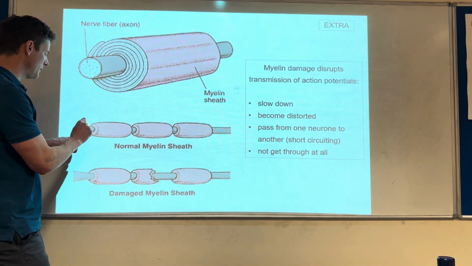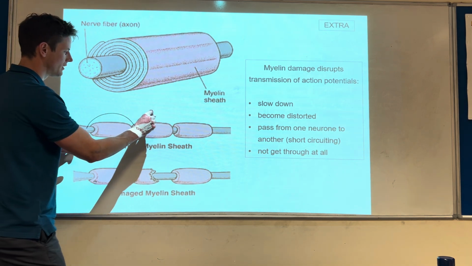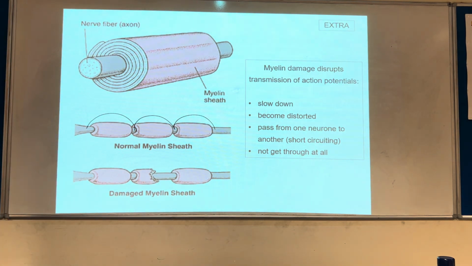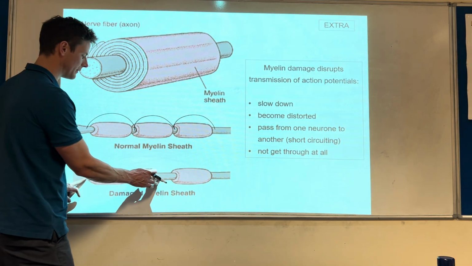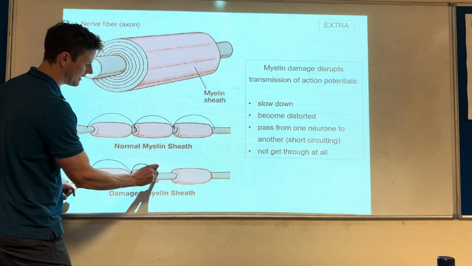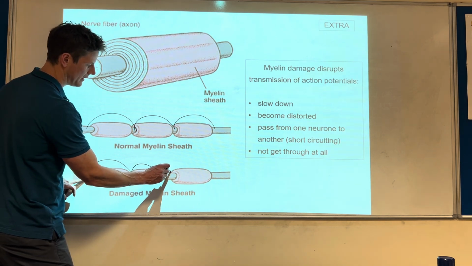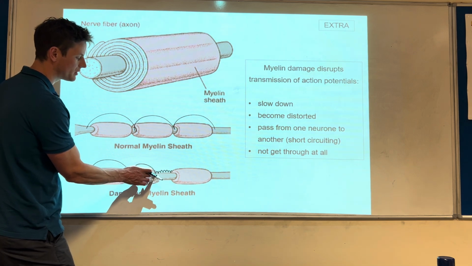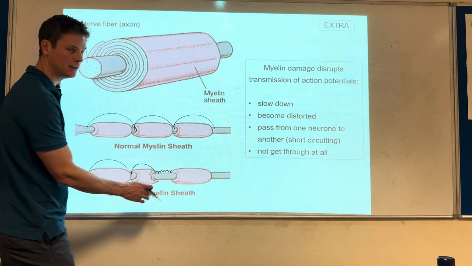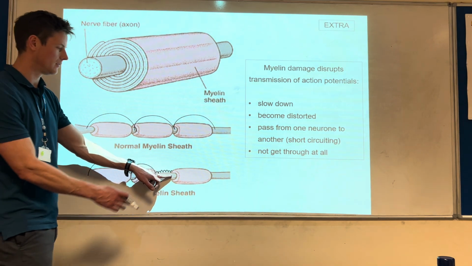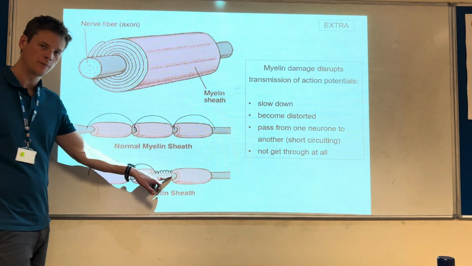Rather than impulses only occurring at the nodes and jumping from node to node, as it would in a healthy myelinated neuron, when the myelin sheath becomes damaged, you jump from node to node, but then we've got this idea of a non-myelinated bit. So impulses are produced over a greater surface area, or over a greater length along the axon, before it can reach the end.